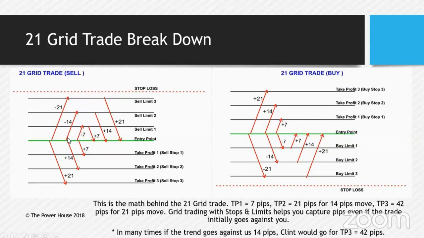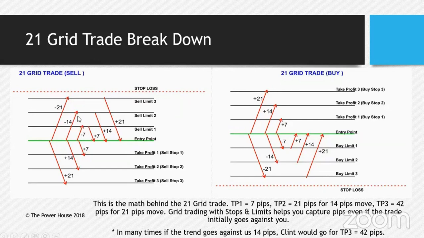What happens if the trend is going 14 pips against us? Over here, at this moment, it would be 14 pips negative on our original entry, and 7 pips negative on the second entry.